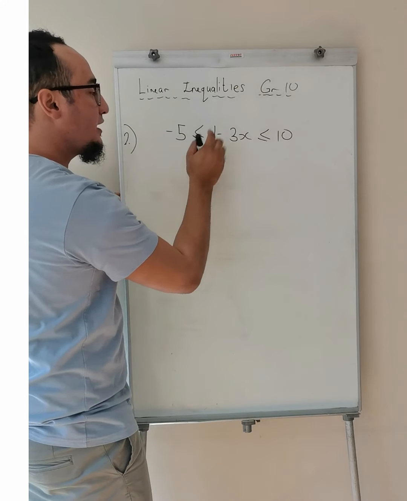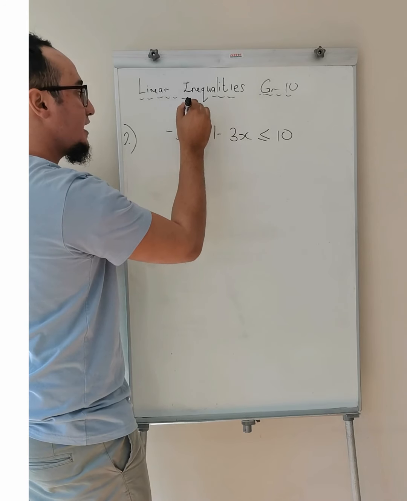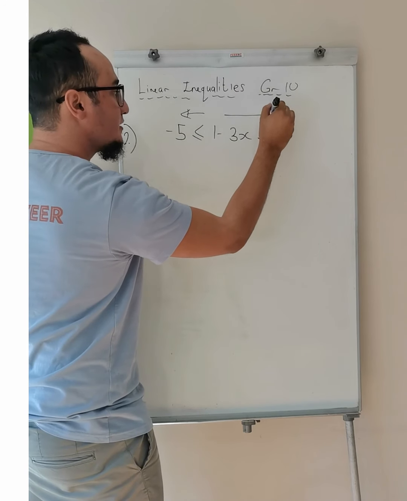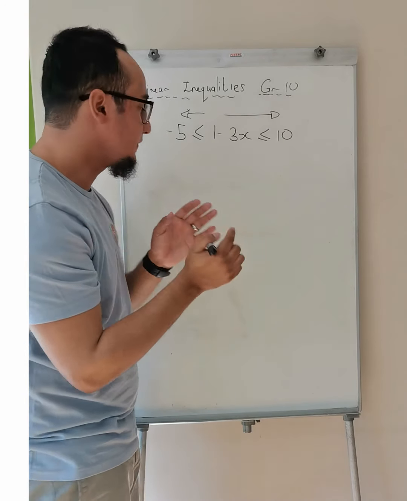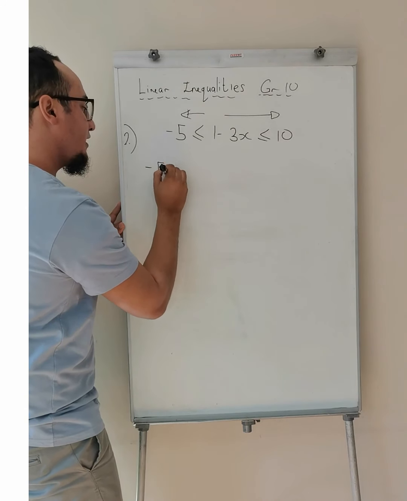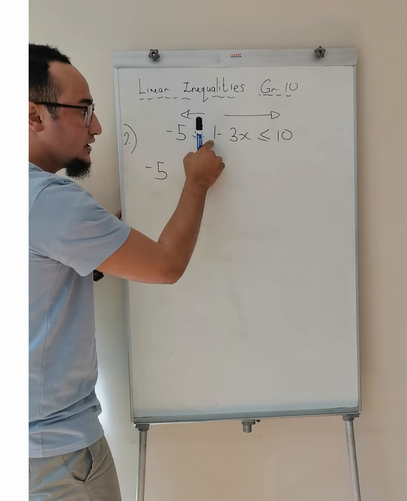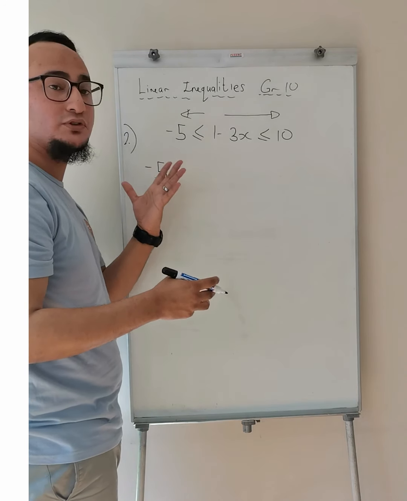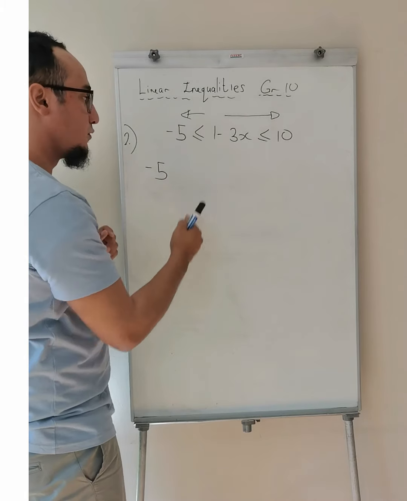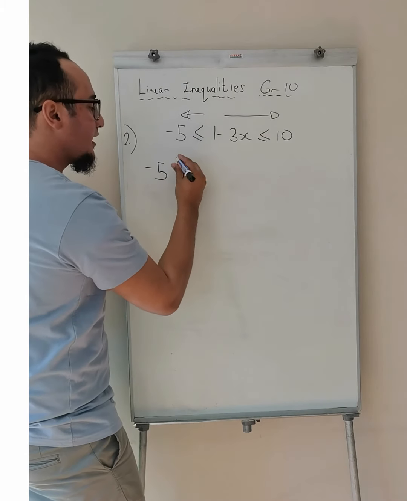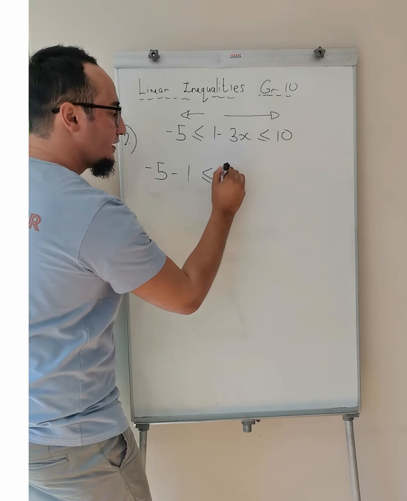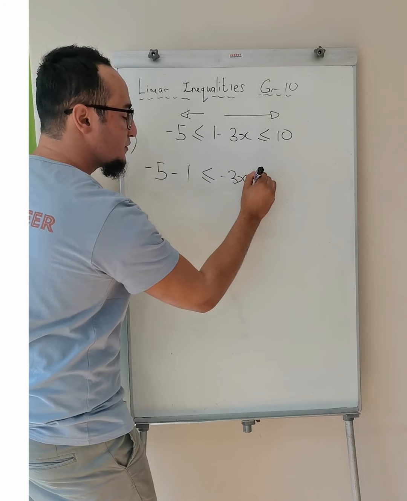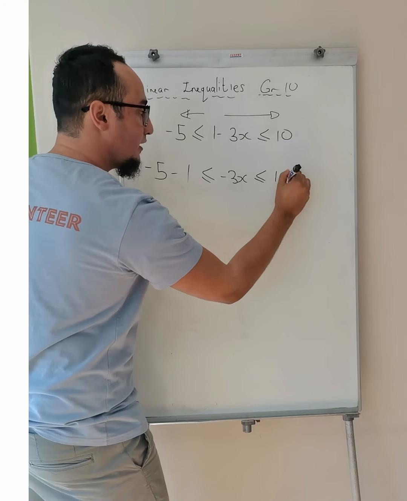Okay, so this one has to go on that side as well as that side over there. Okay, I get rid of it. So negative 5, if it's positive over here, if I bring it over the inequality sign, it now will be negative 1 is less than negative 3x, which is less than 10.